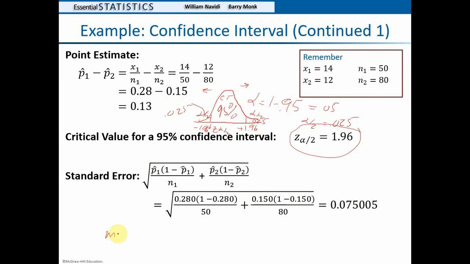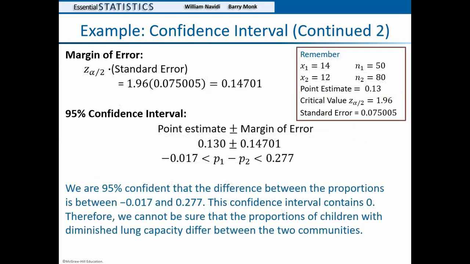So my next is my margin of error, and I just take that 1.96 and multiply it times the standard error, which is 1.96 times 0.0750005. So that margin of error is just the 0.14701.